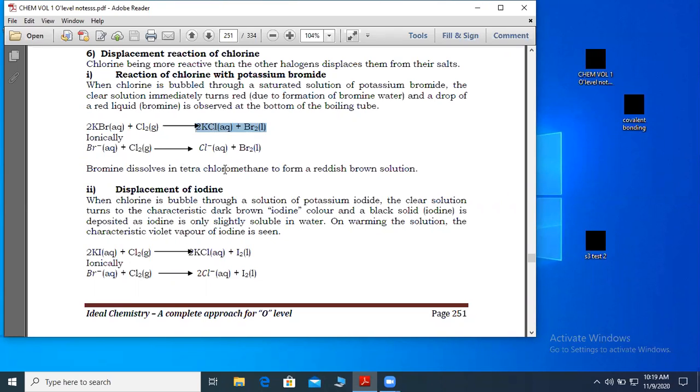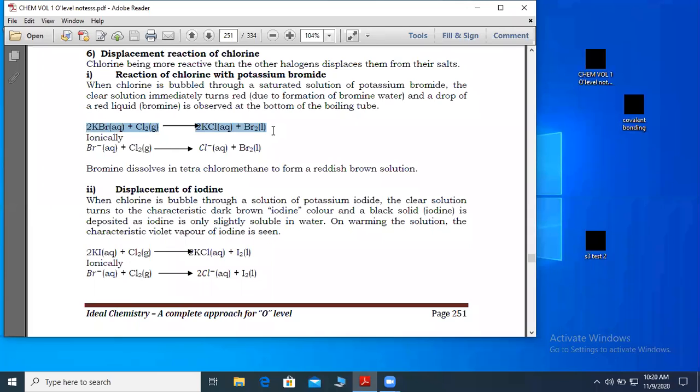However, I wanted you to understand the explanation, because most of the time when we ask this question, we shall say, explain your observation or give a reason for your answer. And the simple explanation we are giving is that, remember, who can tell me the simple explanation for this reaction?